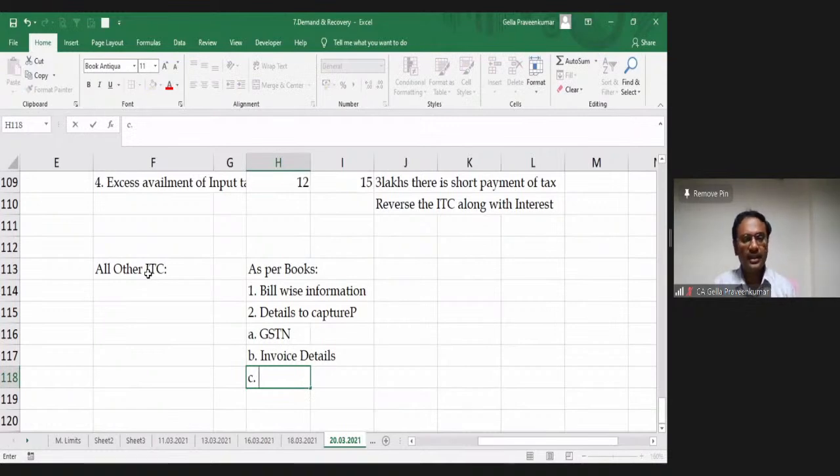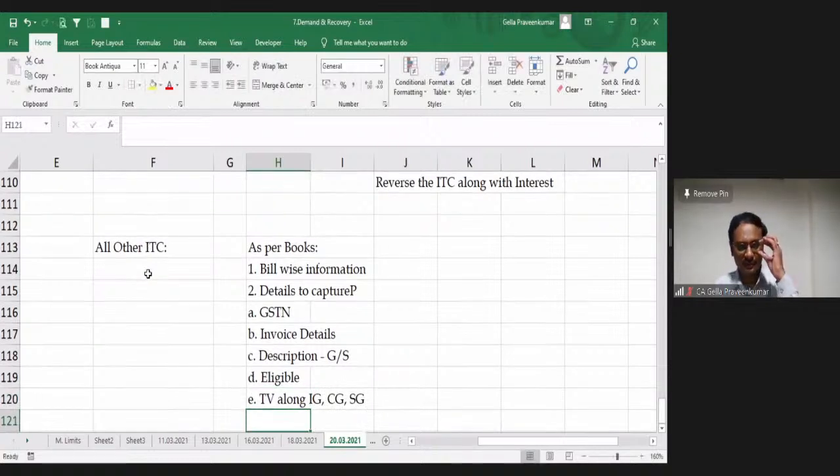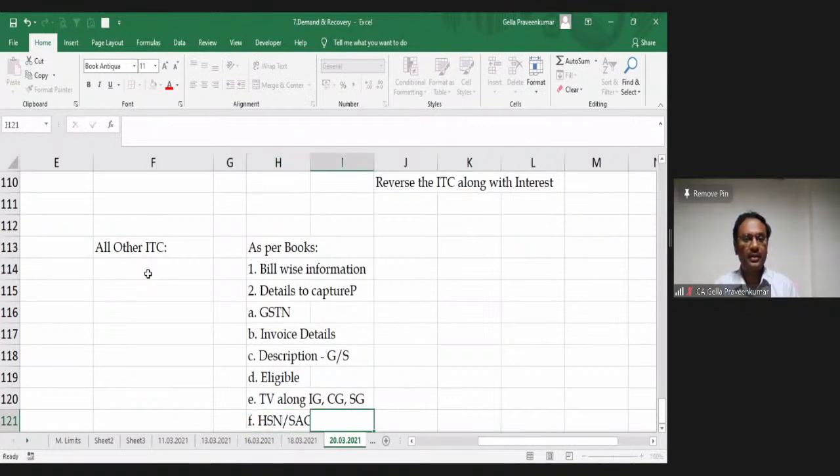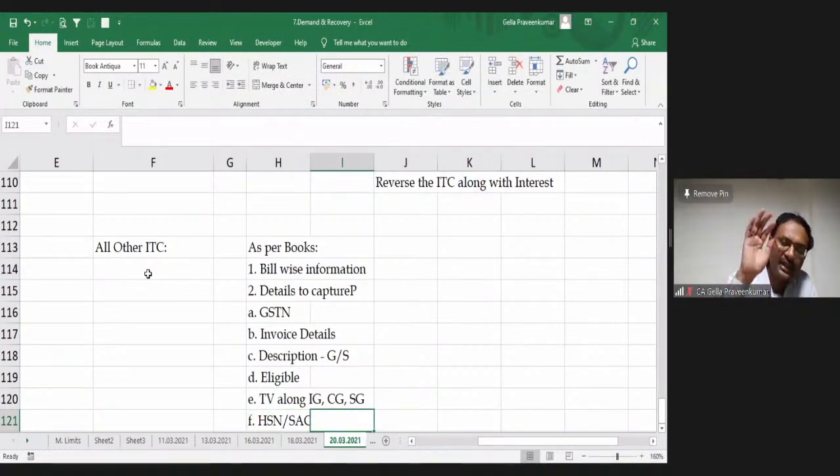C, your description: what is the description of goods or services? D, eligible: is it eligible for ITC, yes or no? E, your taxable value along with IGST, CGST, SGST. Next, HSN or service accounting code. Please ensure that this basic information is available from your software.